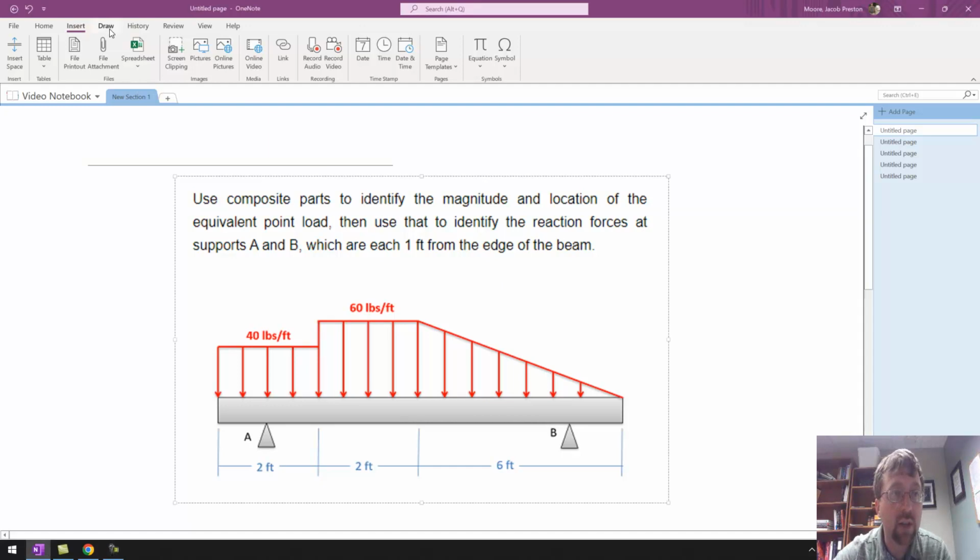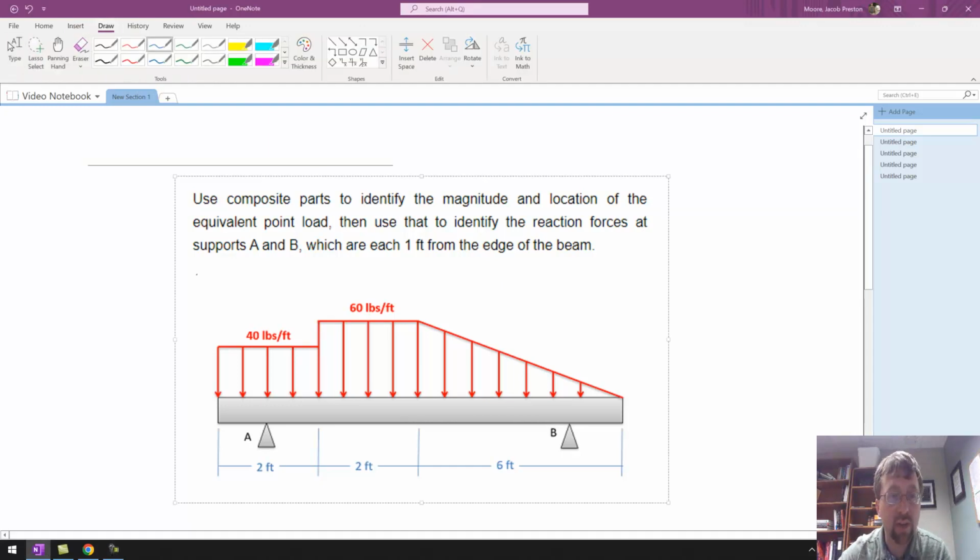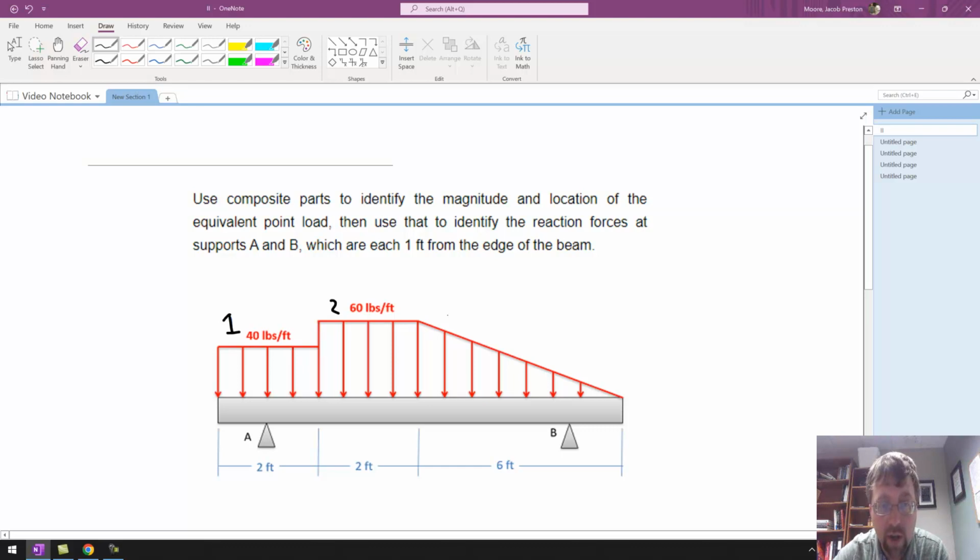Alright, so starting this problem, step number 1 is to identify the equivalent point load, and to do that we're going to use the method of composite parts. And we need to break things down into pieces. If we look for basic shapes, we've got a rectangle here, another rectangle here in the middle, so rectangle 1, rectangle 2, and then shape number 3, the last 6 feet, is a triangle.